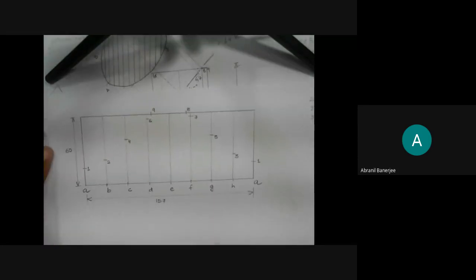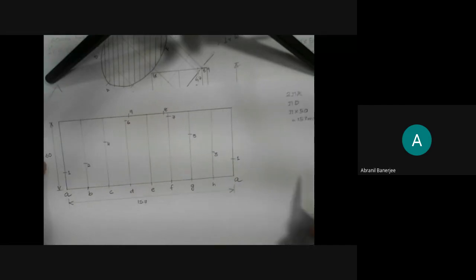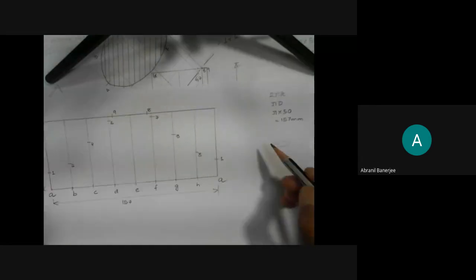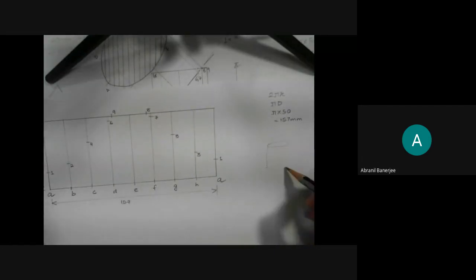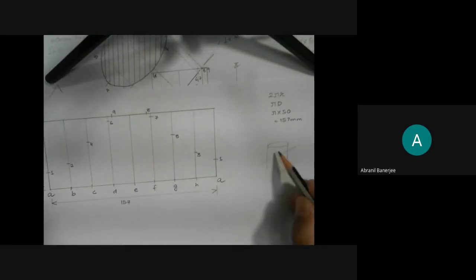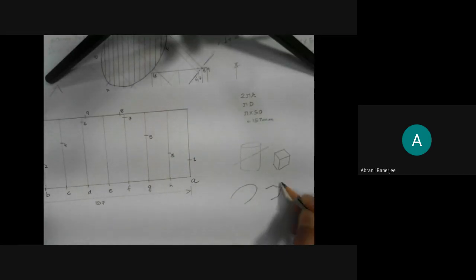Now, when you have all these points, always remember, when you cut a cylinder like this, your surface will be a curve. But when you cut a solid like a cube, you will be having edges like this. When you cut, the cut section will be like this.